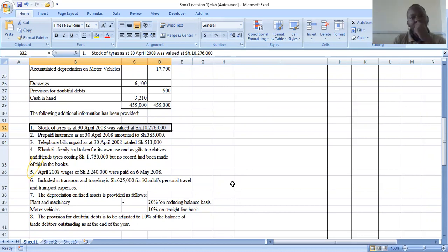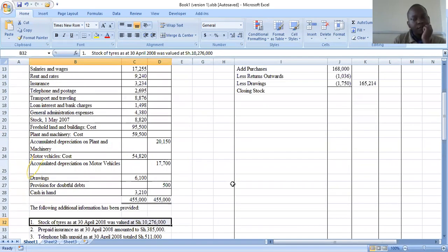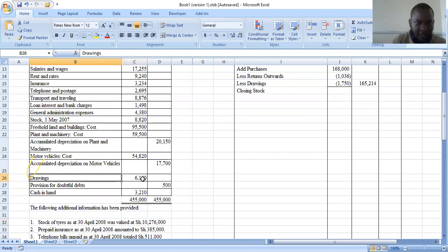What if the drawings had been indicated in the accounts, would we still put them here or just take them to the balance sheet? No, we put this here because it's additional information. If it was the normal drawings, like the 6100 here, it has already been taken into account during the year in the ledger.